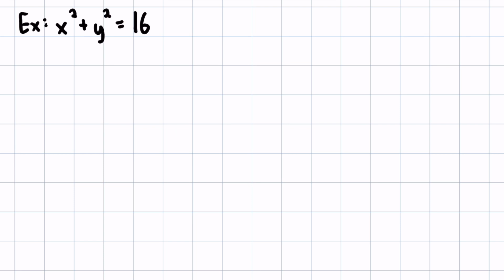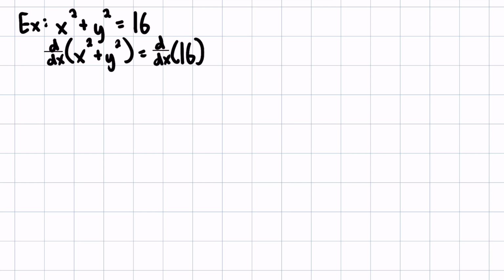So our first step here is going to be to take the derivative with respect to x of both sides. Okay, so d/dx of x squared, that's just a regular derivative, right? It becomes 2x. d/dx of y squared, that's a little more complicated. Essentially, we're using the chain rule.